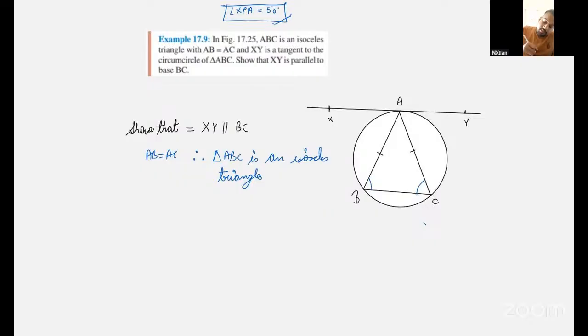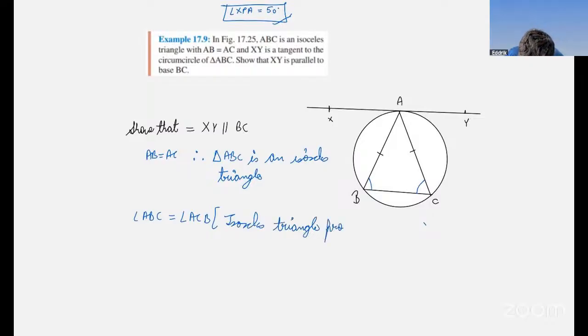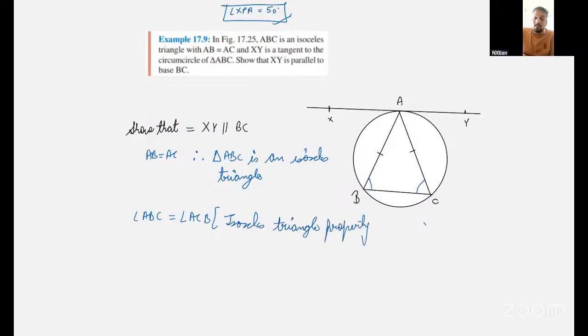So we can conclude that angle ABC is equal to angle ACB. Why? Because isosceles triangle. You have to write everything I'm writing in the exams also. If you're not writing this, you will not get full marks. But sir, do we need to draw the diagram in the exam? Yes, of course.